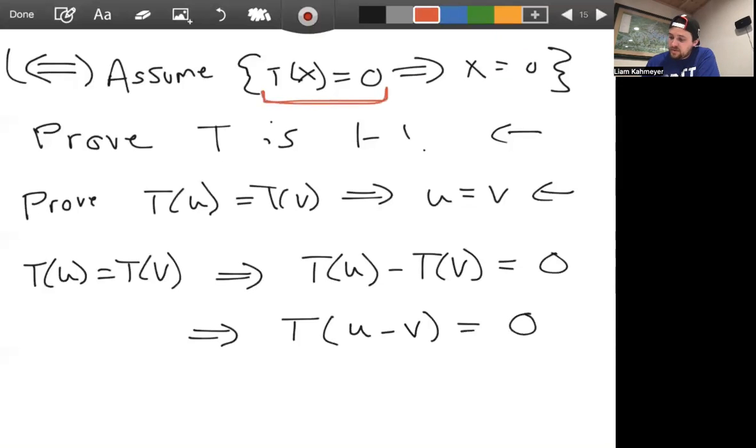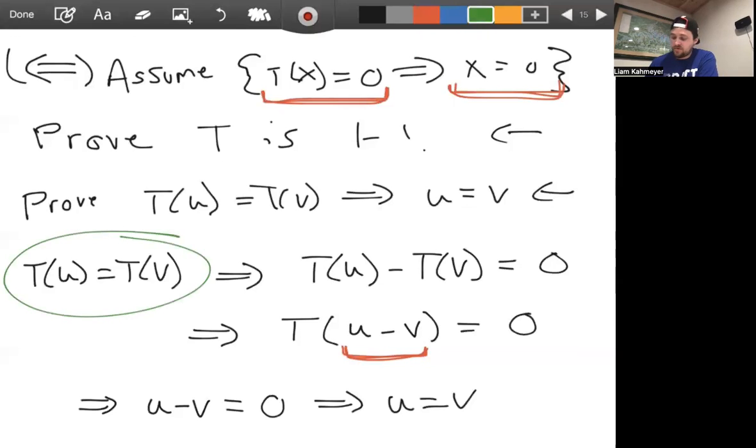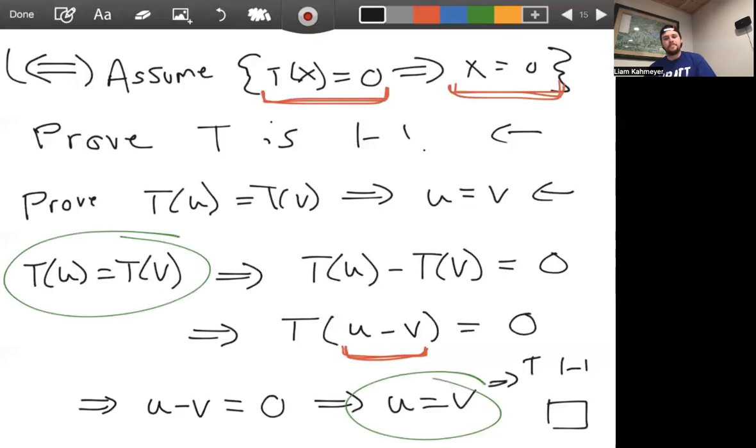That if t of x equals 0, well, then that implies that x equals 0. But we have that t of u minus v equals 0. So that must imply that u minus v equals 0, which implies that u equals v, which means if we started with the assumption that tu equals tv and ended at the assumption u equals v, this implies t is 1-to-1. QED, right?